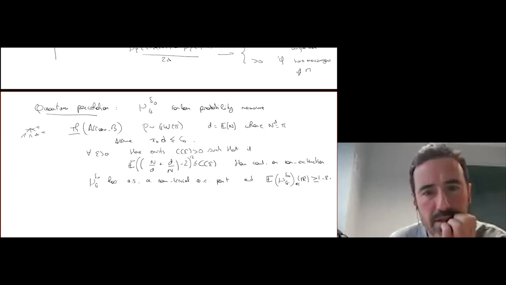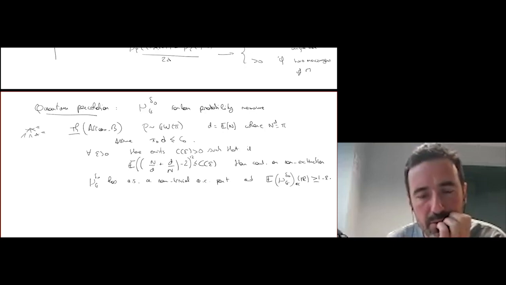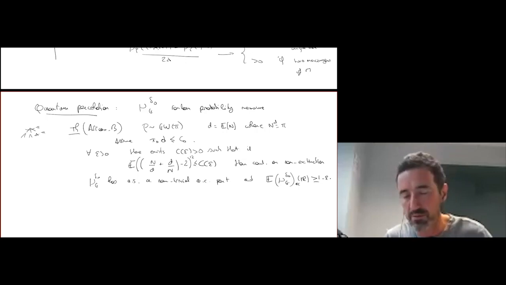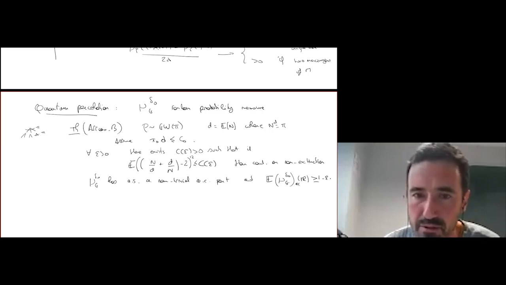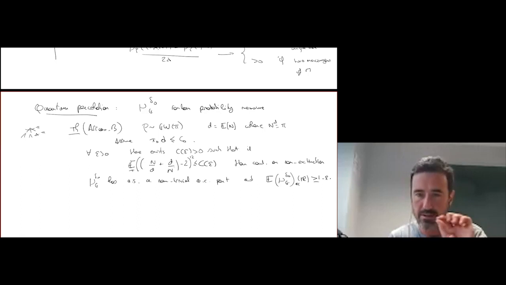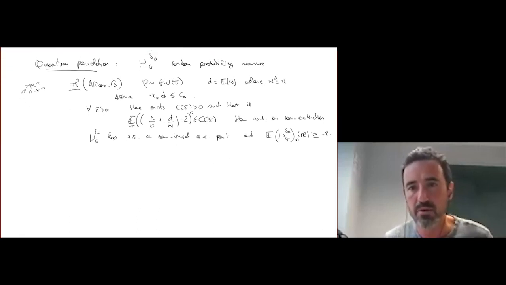So this is n over d, and if n is equal to d almost surely, then you subtract 2 and this will be equal to 0. So this is a measure of the concentration of the offspring distribution with respect to its average.